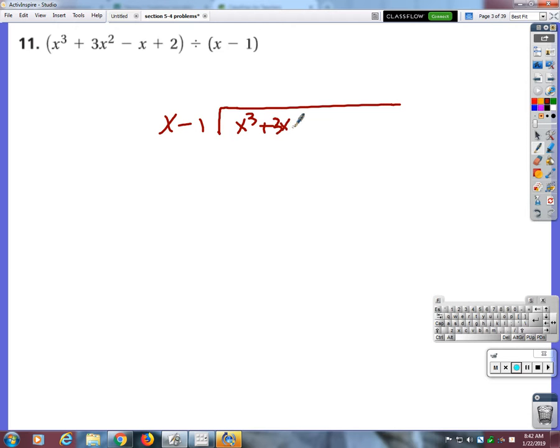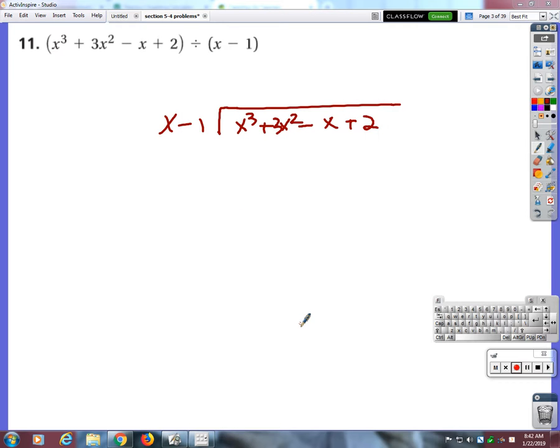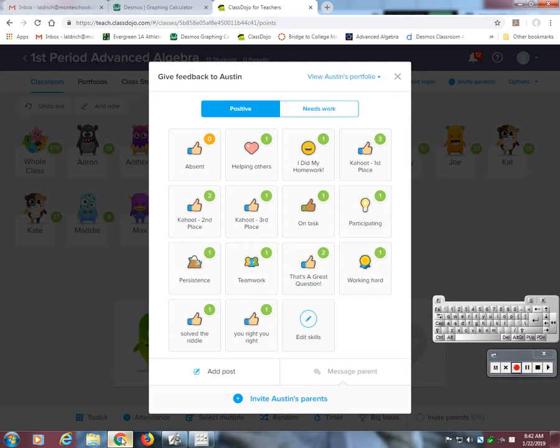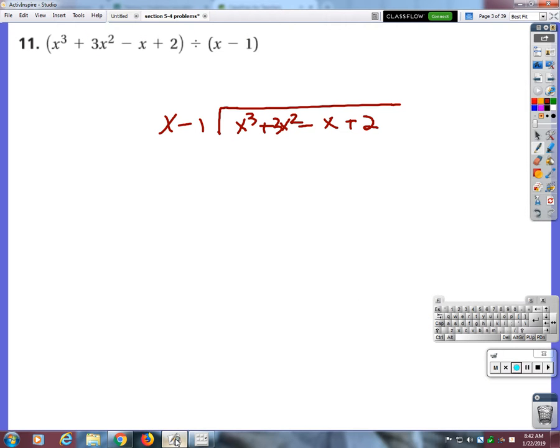We're dividing that into x cubed plus 3x squared minus x plus 2. Kate, get us started. Good. Then what? Okay.